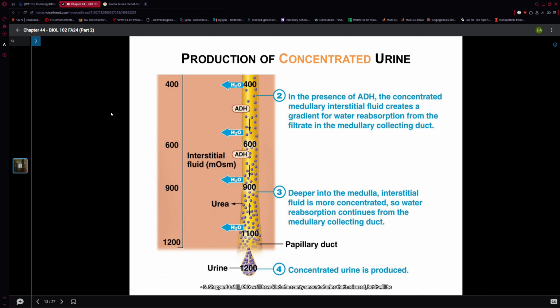So we'll have a scanty amount of urine that's released, but it will be much more concentrated. This is because we are able to utilize aquaporins, and that's due to the presence of ADH in conjunction with the established gradient. If we didn't have this gradient, then we couldn't depend on it to drive continuous water removal from that collecting duct as we progress further into the kidney.